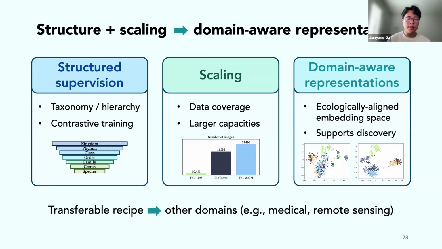Then we can have the ecologically aligned embedding space and also support discovery. So this is a transferable recipe to other domains as well, such as medical and remote sensing. We can also adopt such a structure to help build more domain-aware representation spaces.